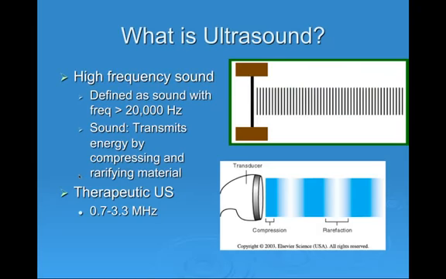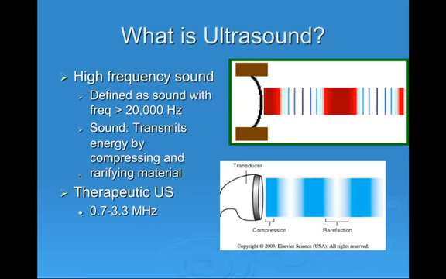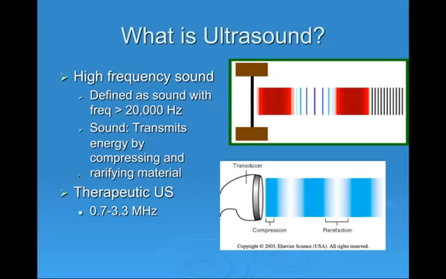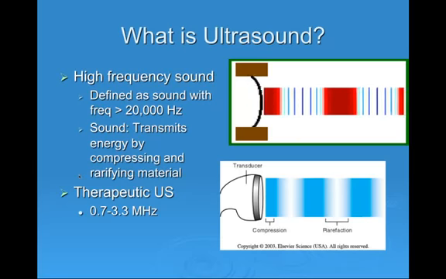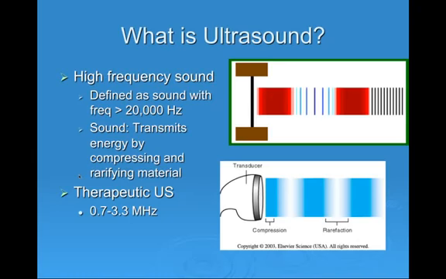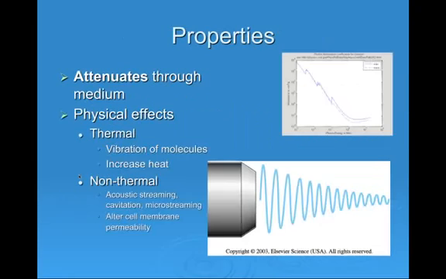And therapeutic ultrasound is defined in the United States as from about 0.7 to about 3.3 megahertz. Our units are usually at 1 and 3 megahertz. Some of our units in the lab do have a setting for 2 megahertz. But primarily what you're going to see are 1 megahertz units and 3 megahertz units.